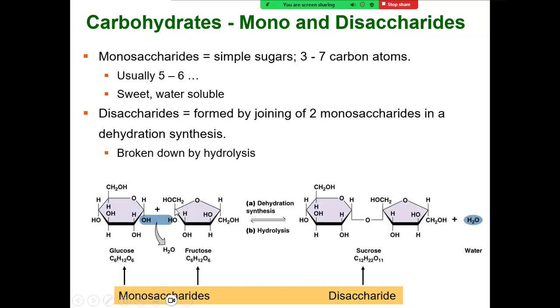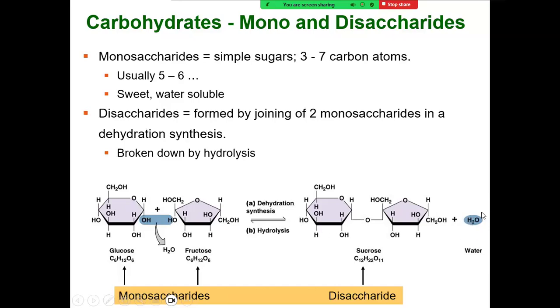And then that oxygen on the fructose binds directly to the carbon on the glucose to form the disaccharide sucrose. And then water forms. That's why it's called dehydration synthesis.